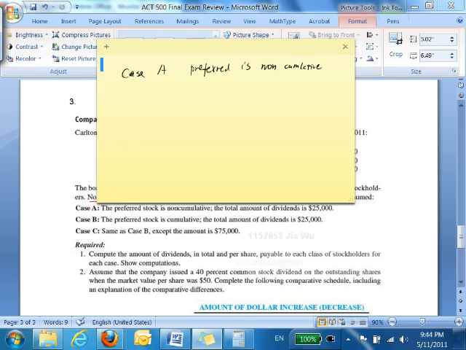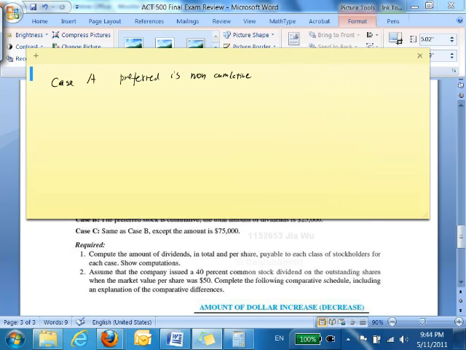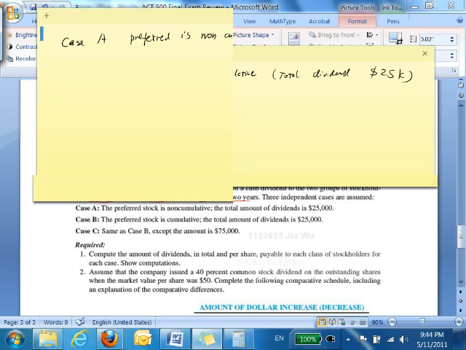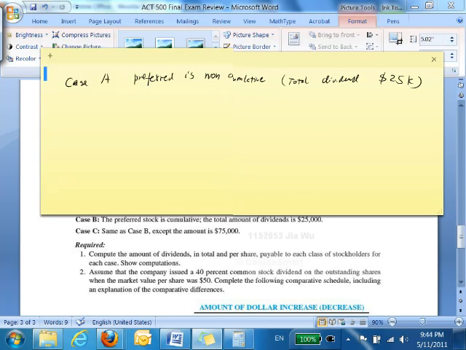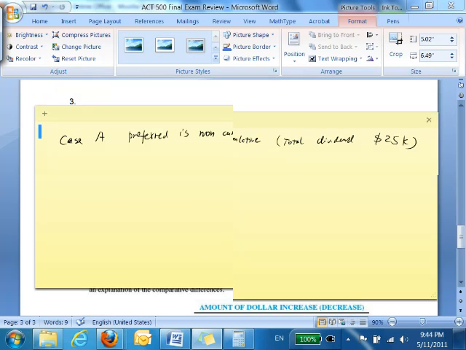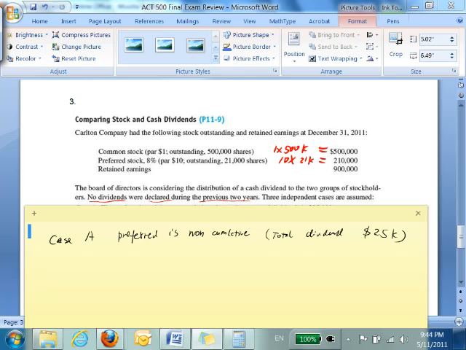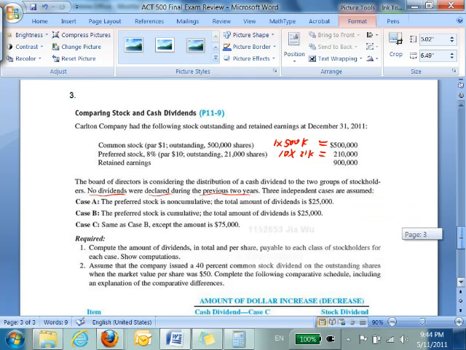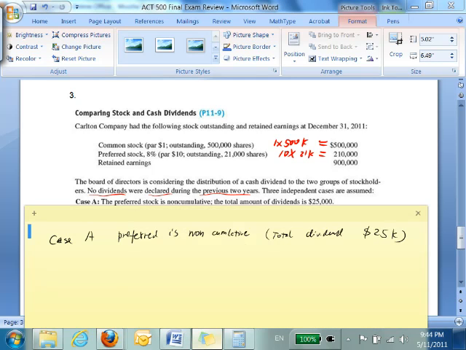And total amount of dividend to distribute. Total dividend is $25,000. Okay, so the previous 2 years dividends were not declared. So if it's not declared, it's gone for preferred stock because it's non-cumulative.